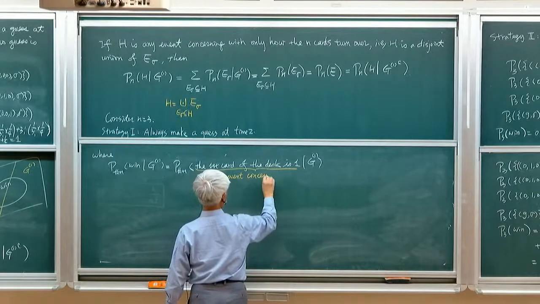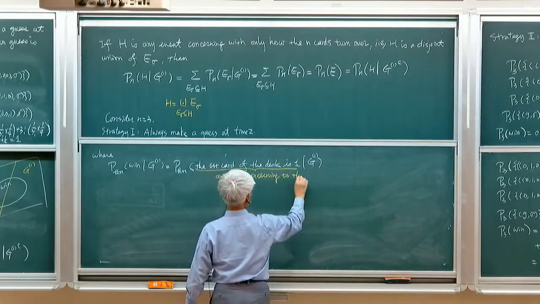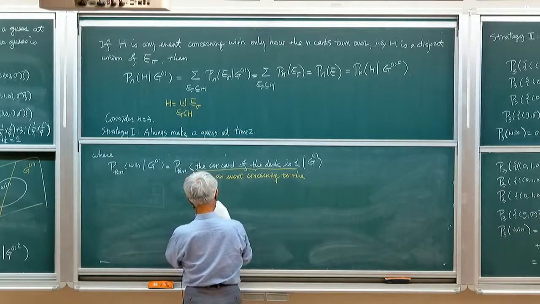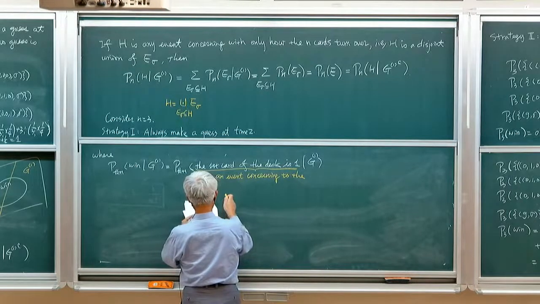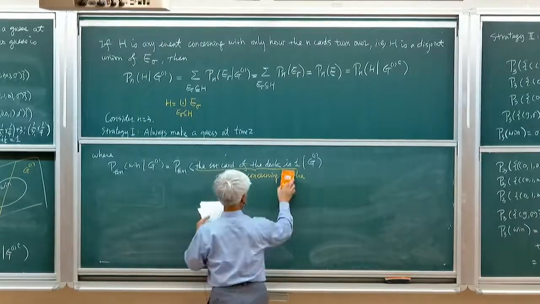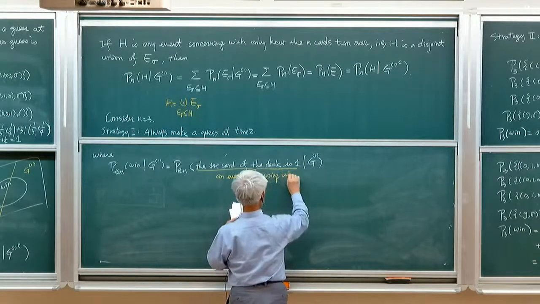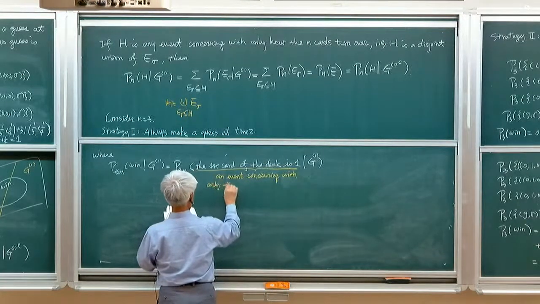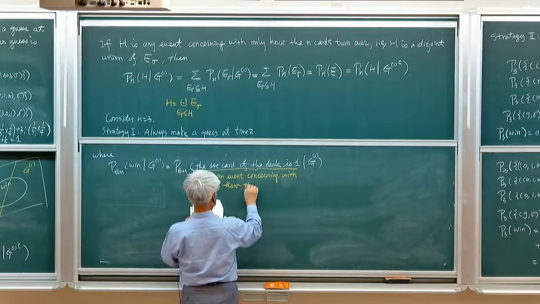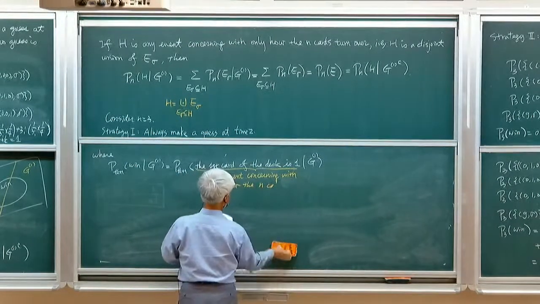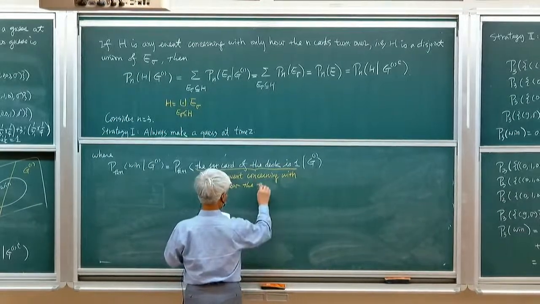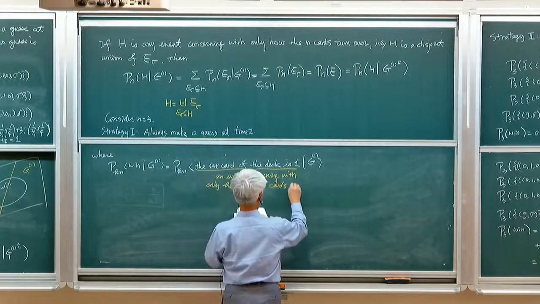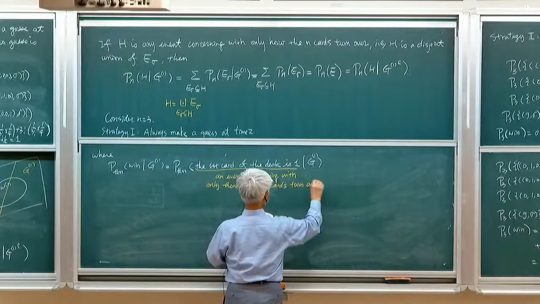I'm saying that it concerns only how the k plus 1 cards turn over, right?